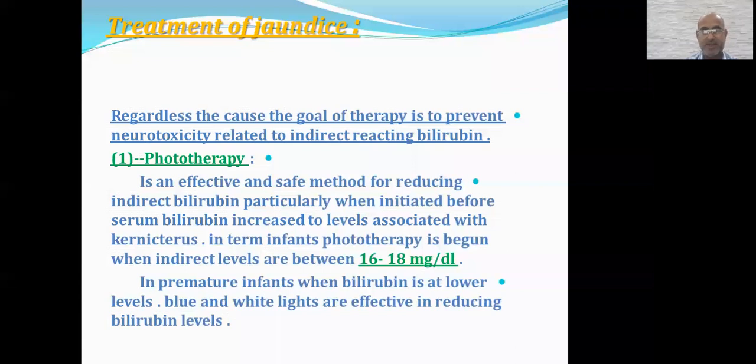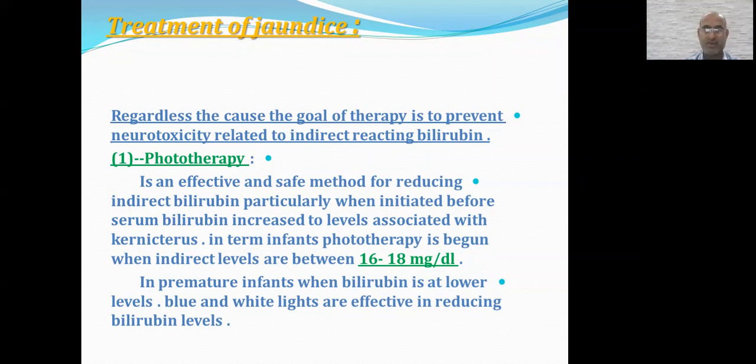In a premature infant, phototherapy should be started when bilirubin is at a lower level. Blue and white light are effective in reducing bilirubin level, both of them, of course, medical lights with a special wavelength.